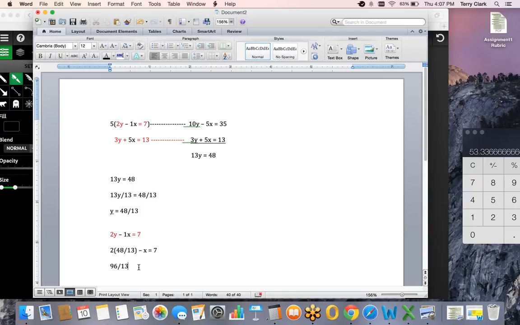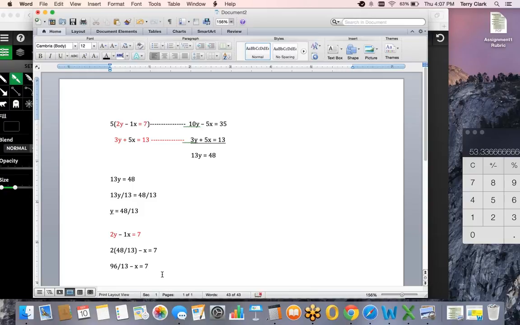That was fun while it lasted. Minus x equals 7. Okay, so from here I've got to get rid of the 96 over 13. And I'm just taking a second to go back and make sure I got it right, because once I did that, it kind of made me nervous.